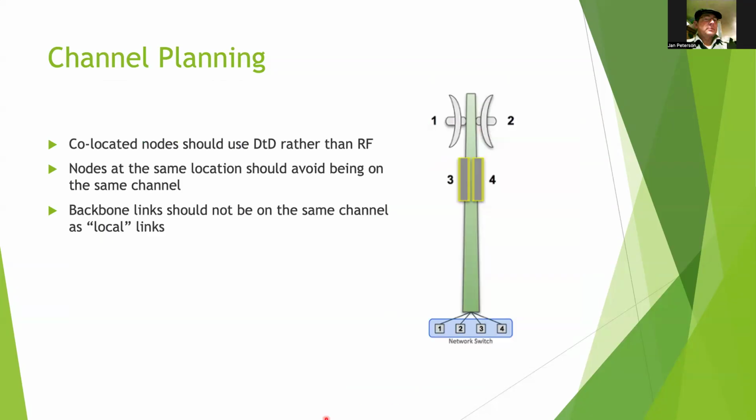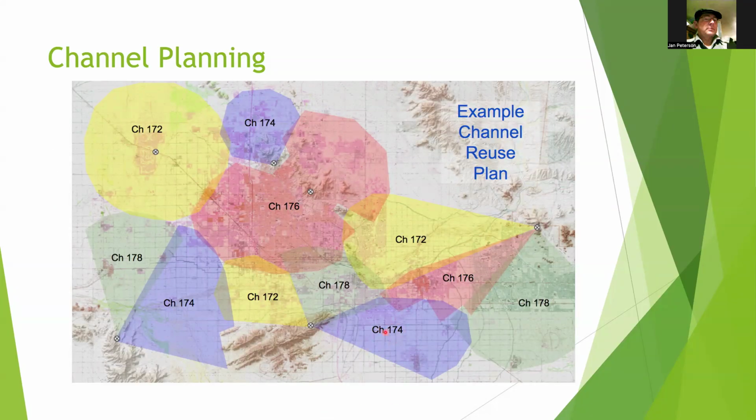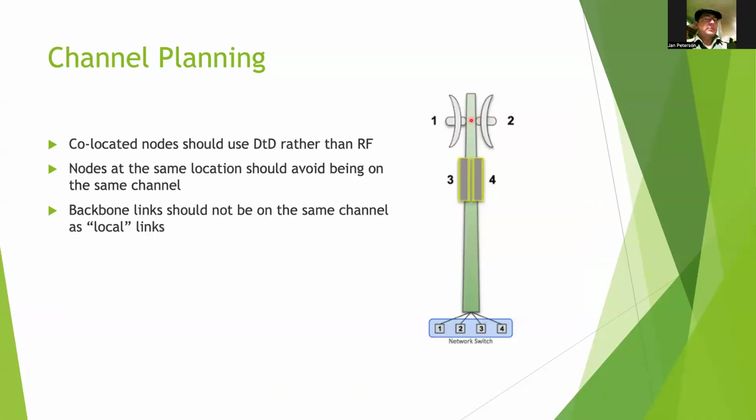And then anybody that's living in this area just has to point their single antenna at this guy and they're on the mesh, right? Or if they're in this area, they point here. Or if they're in this area, they're going to probably point it this way to get on the network. But since you've got those backbone links that are supported, you've got the ability to communicate across this entire area, even though you're on different frequencies, different channels, right?